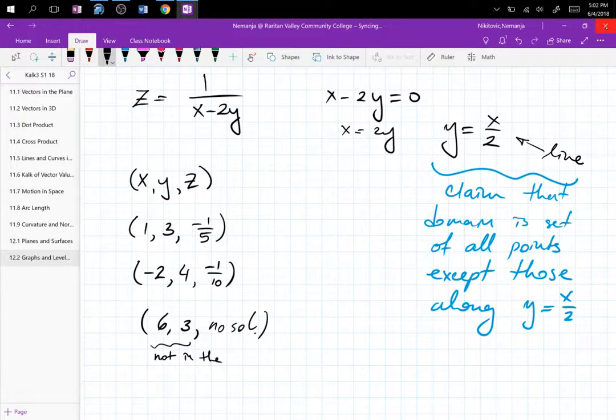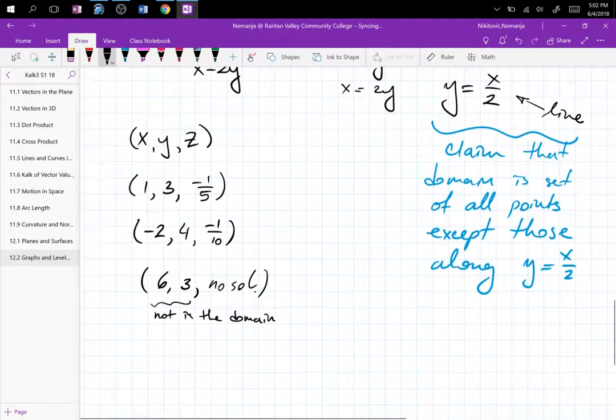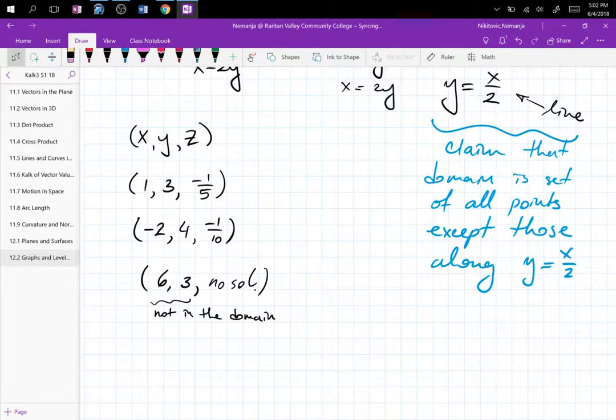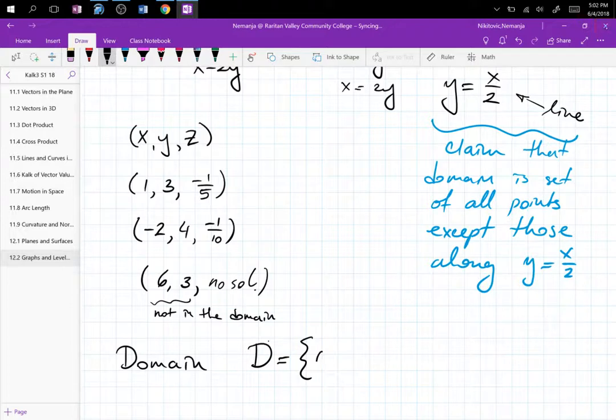Is there a special notation for like set of all points? Oh yeah. So now what should be the domain? The domain would be, well, we can call it the region R or region D or whatever, region D. It is going to be the set of all points x, y.